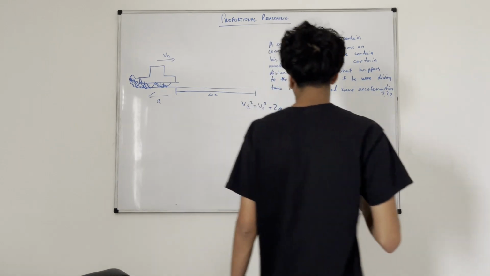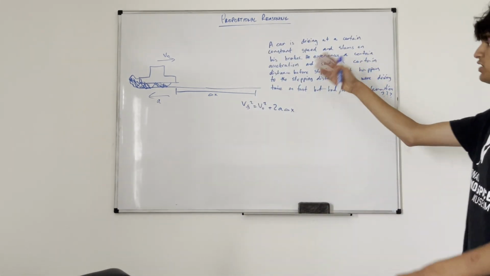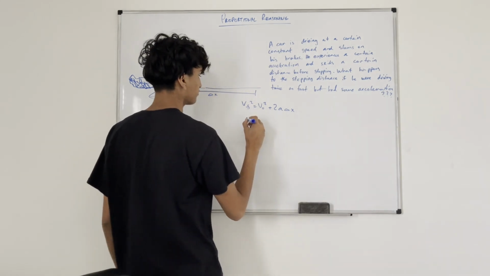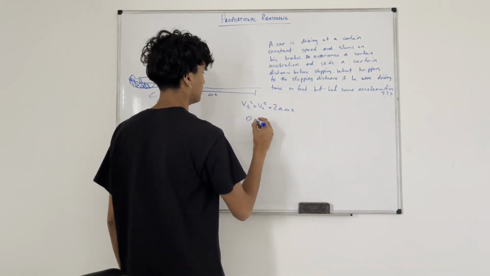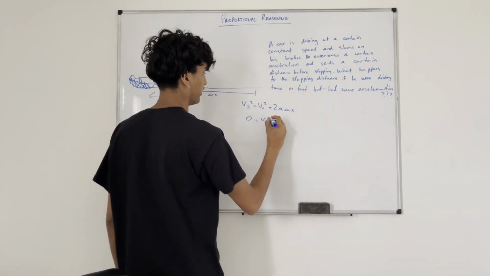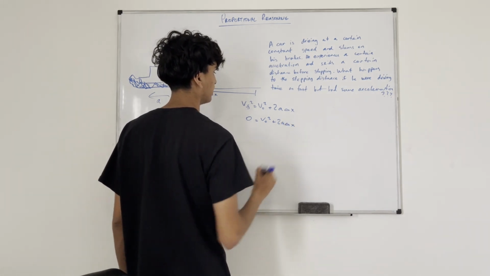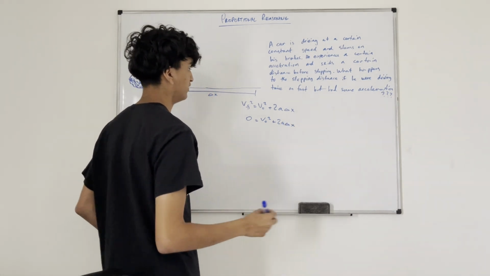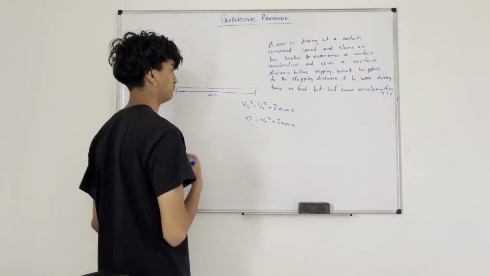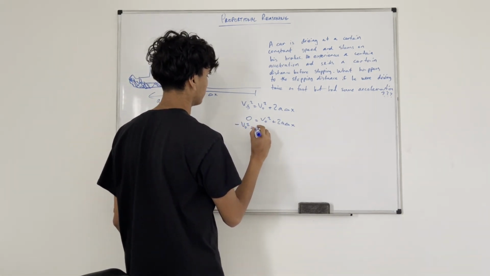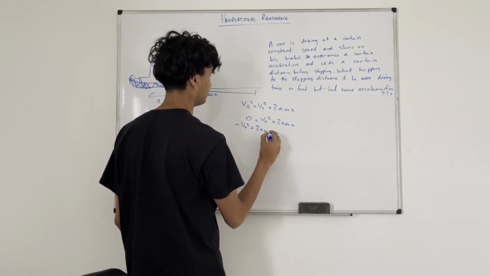So now I just plug in the variables of what I know. V final is going to be 0. So I have v initial squared plus 2 times acceleration times change in x. Now I can rearrange things, so I get negative v naught squared equals 2 times acceleration times change in x.